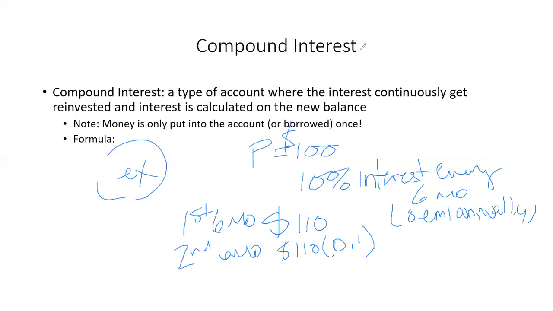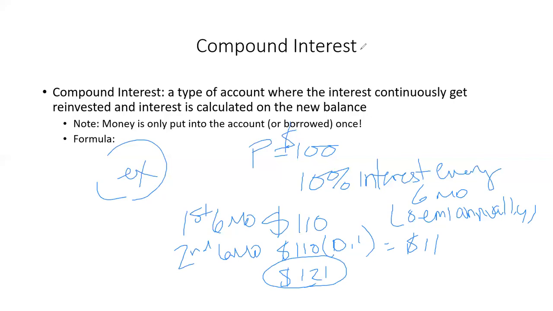So it's going to be different than before, where we're only looking at that principal. Now the interest earned adds to our balance, and then we just keep accruing interest off of that. So now we're adding $11. So at the end of our first year, we're going to have $121.